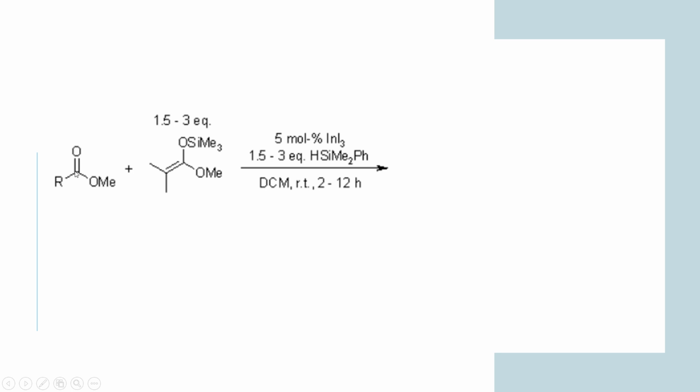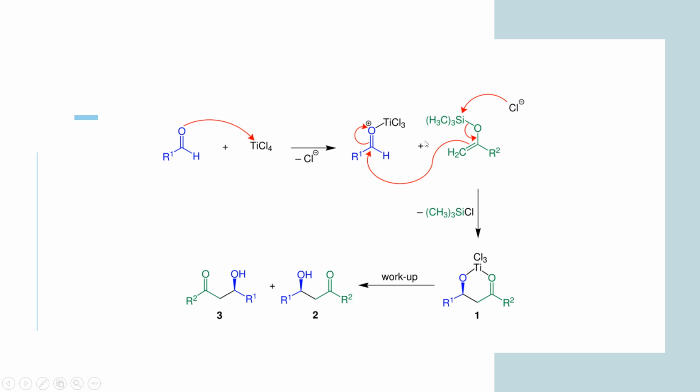So in the final product you get elimination of this methoxide to neutralize the oxyanion formed. Okay, so you will get the formation of this product in the final step. So this reaction is also going to follow the same mechanism.